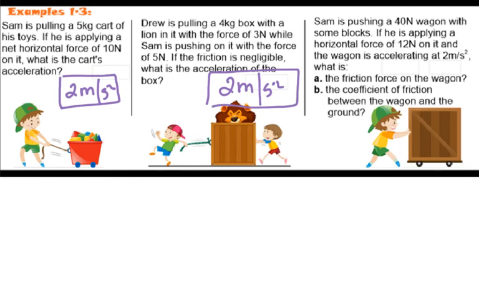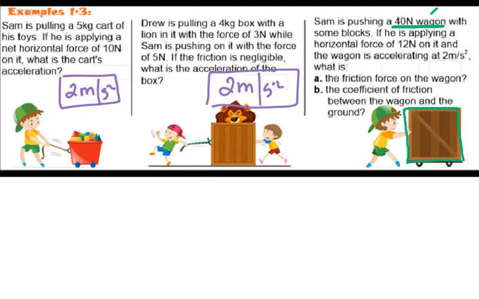Sam is pushing on a 40 newton wagon. When they say 40 newton wagon, they could say it's a brown wagon, a red wagon, a blue wagon, a yellow wagon. They said 40 newton wagon. What do they mean that the wagon is 40 newtons?